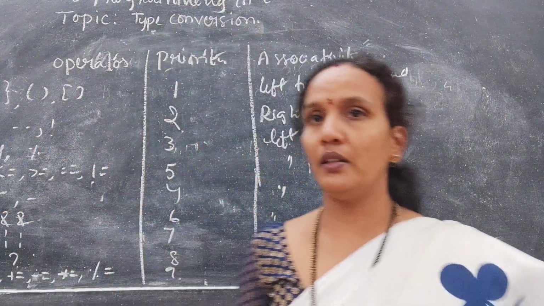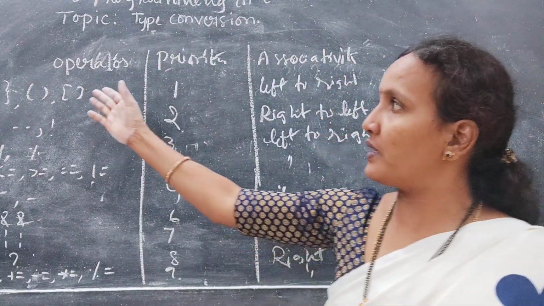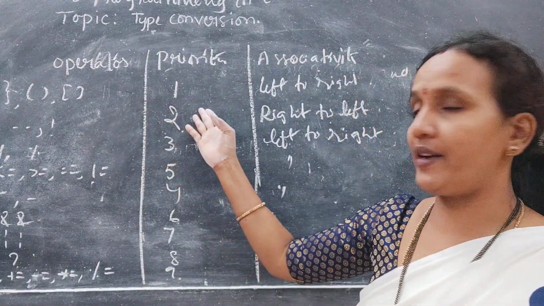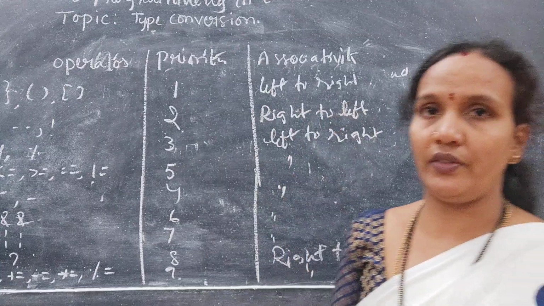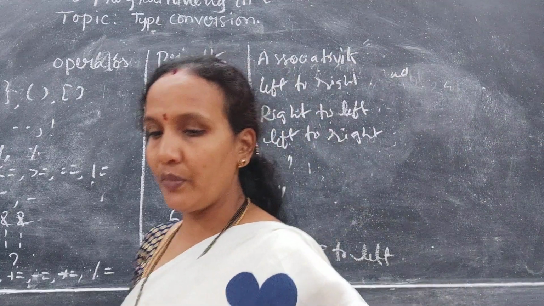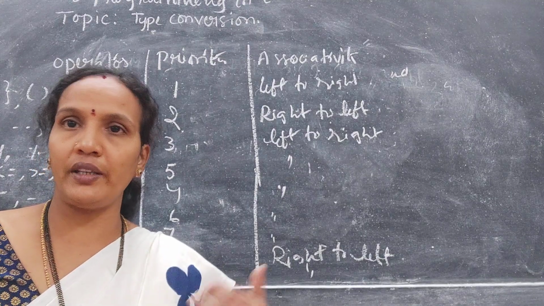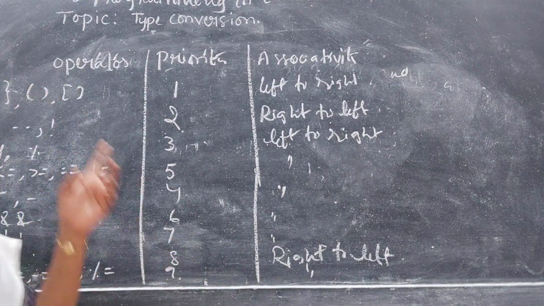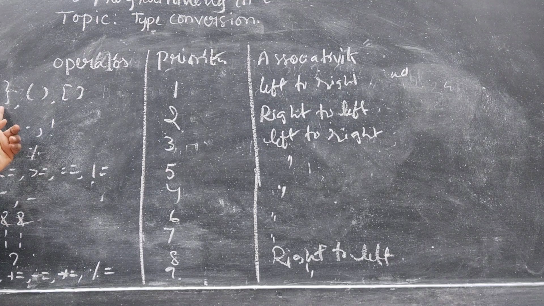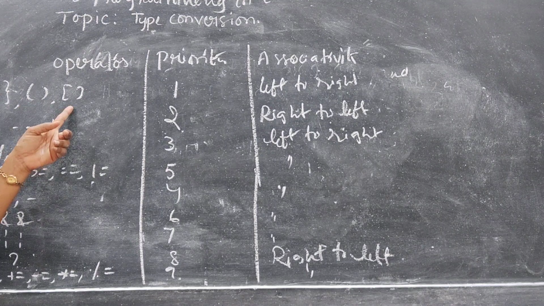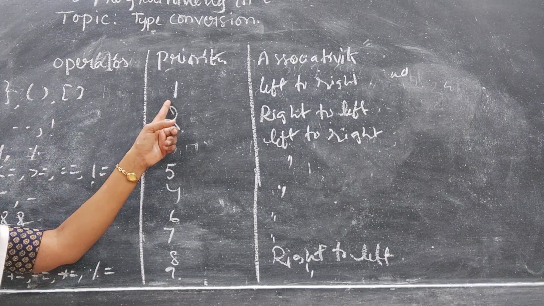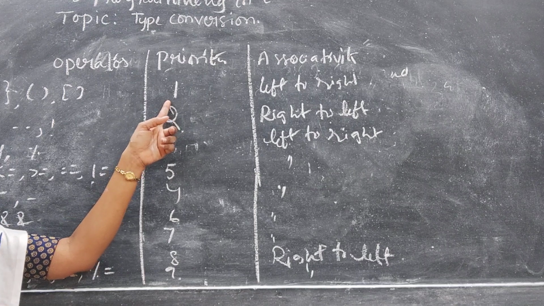So this is a table, and these are the operators, the priority and the associativity. Associativity means whether the evaluation is from left to right or right to left. Here the operators, braces, parenthesis and square bracket have the first priority, means they are evaluated in the expression first.